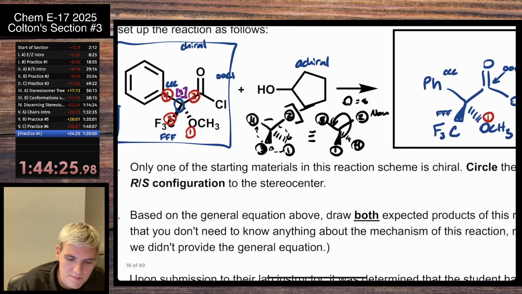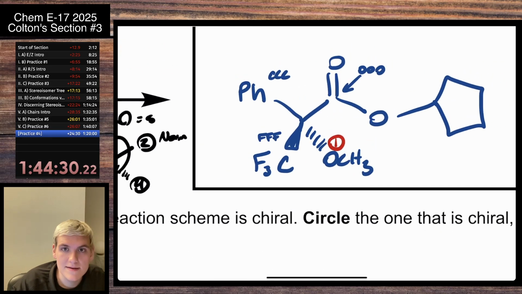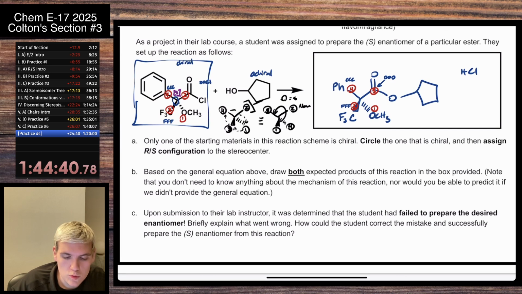Well, Cl was bigger than everything before. But now the biggest thing that we have is fluorine. So in fact, our number 2 priority is here. 3 is going to be over here, and 4 is over here. Ooh. So what we've done is we've swapped the priority of things.